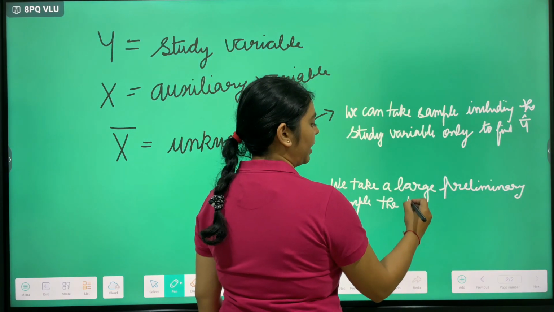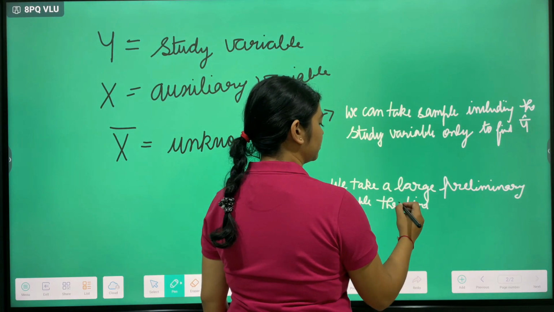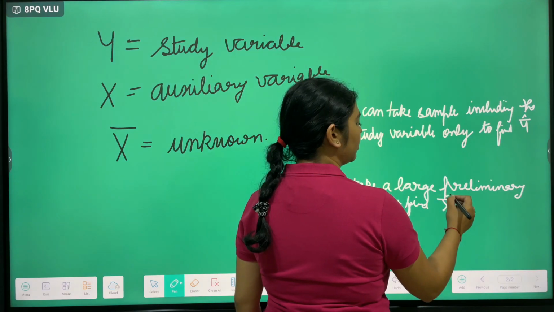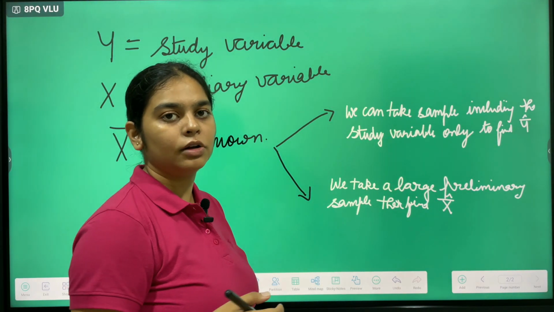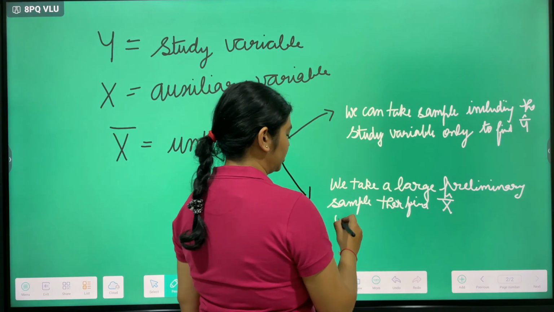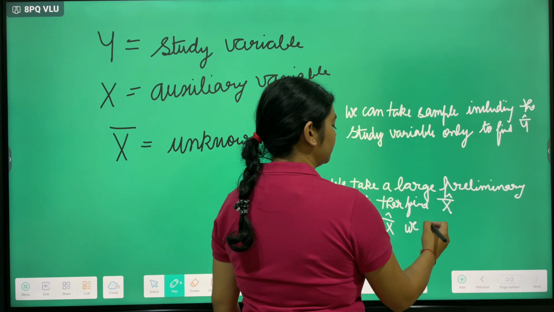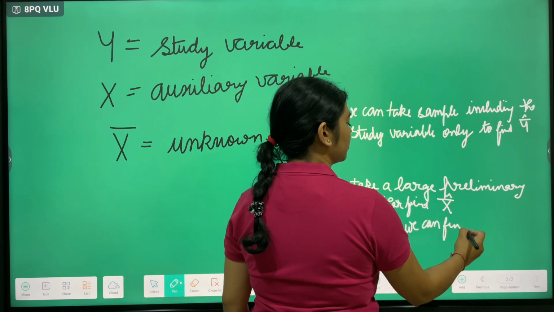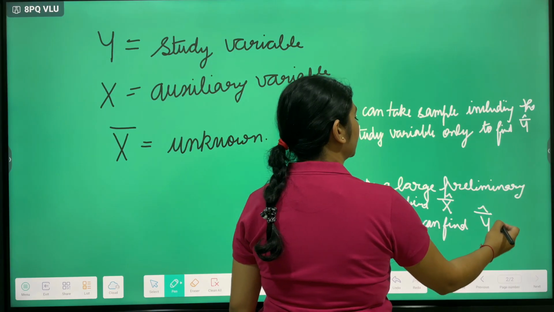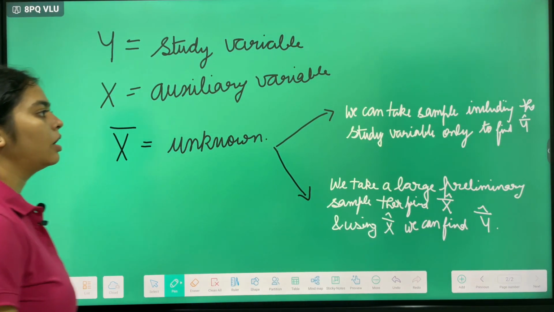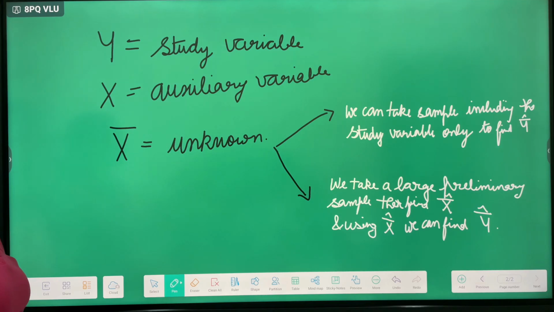Then find the estimation of mean of auxiliary variable, and using mean of auxiliary variable, we can find the estimation of population mean. So the first part is difficult because x and y are highly correlated. So in some of the data we can get only y's, but in most of the data those are intertwined together. But the second part is our double sampling technique.